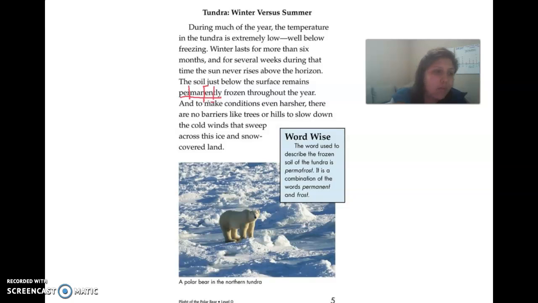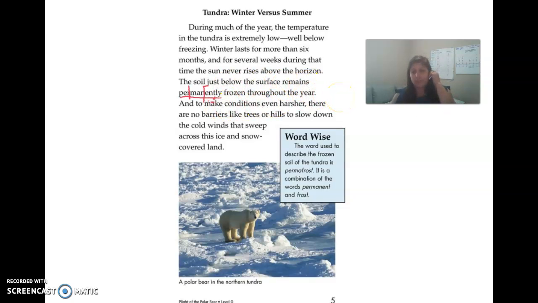Permanently. So it says the soil just below the surface remains permanently frozen. So it stays frozen. Something that's permanent stays that way for a very long time. It doesn't ever come off throughout the year. So it means that it remains frozen throughout the year, forever.